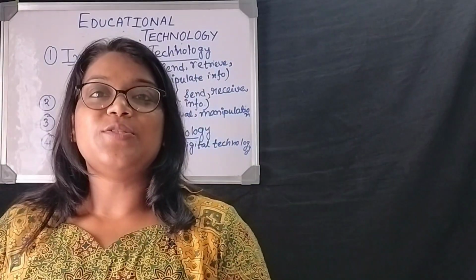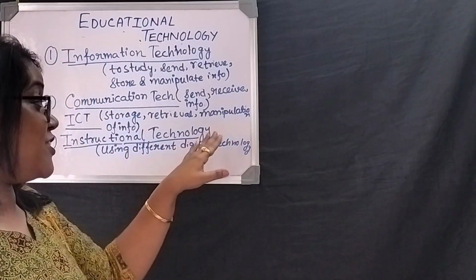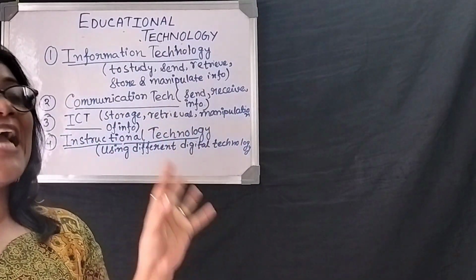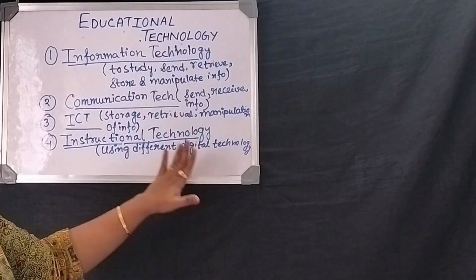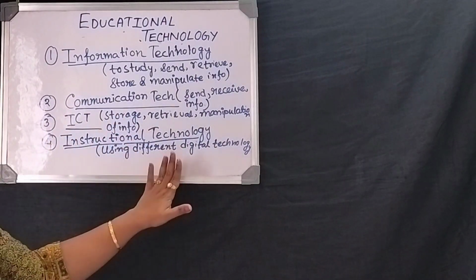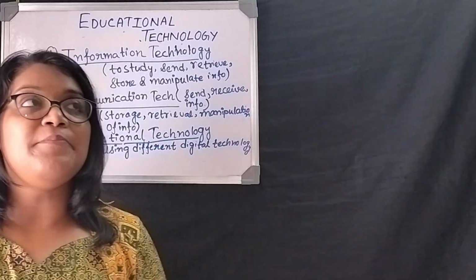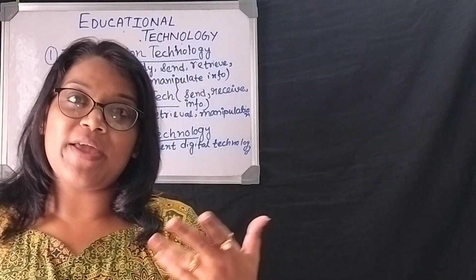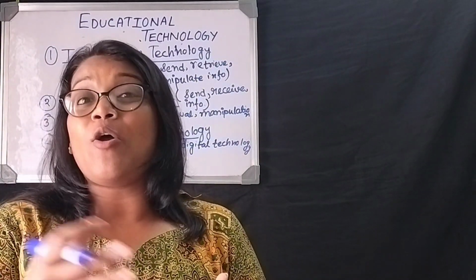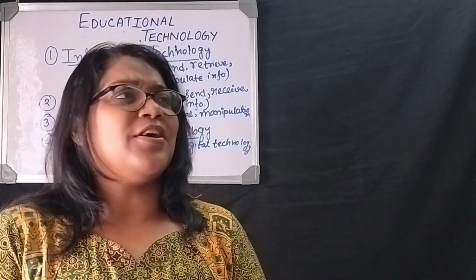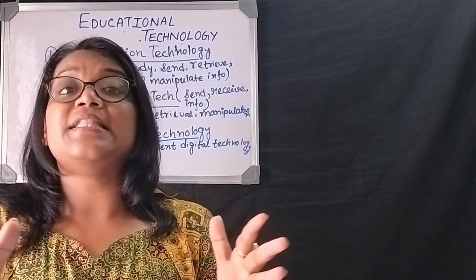So now coming to the last one, that is instructional technology, which is one of the most important in the field of education. Instructional technology uses different types of digital technology, for example the internet, web-based applications and online curriculum, etc., which facilitate the teaching learning process in the classroom.